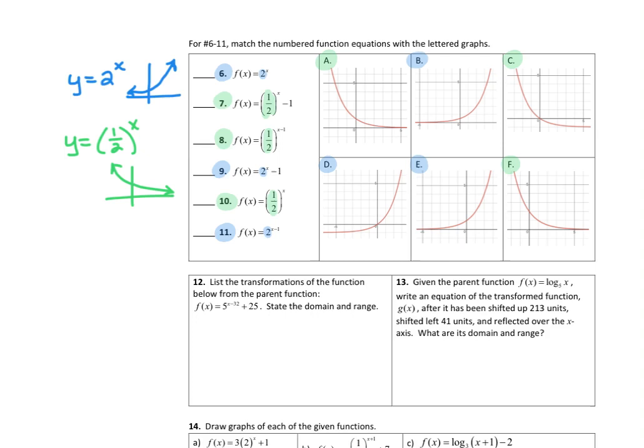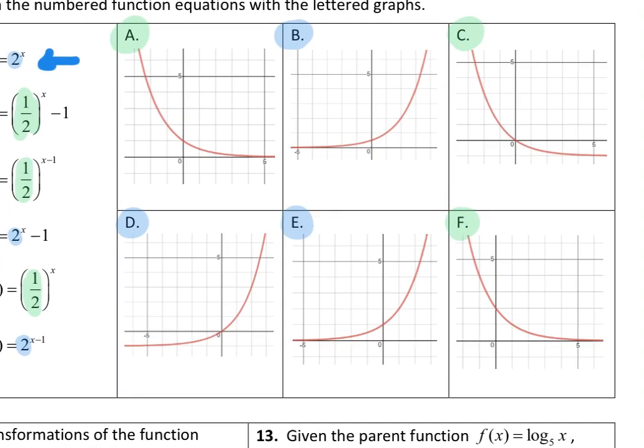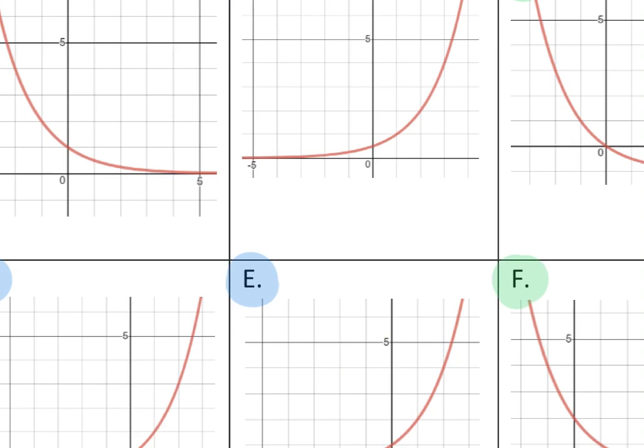And so then what I want to do next is look at any of the transformations. So I'll just start with the graphs that I highlighted with the blue. And the first one, number 6, the first equation here is the parent function without any shifts at all. And so if I look at B, D, and E, remember that the parent function of the exponential curve has a point at 0, 1.